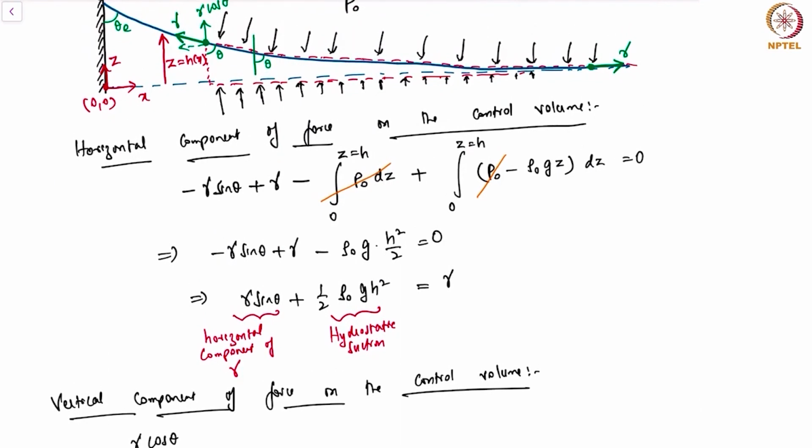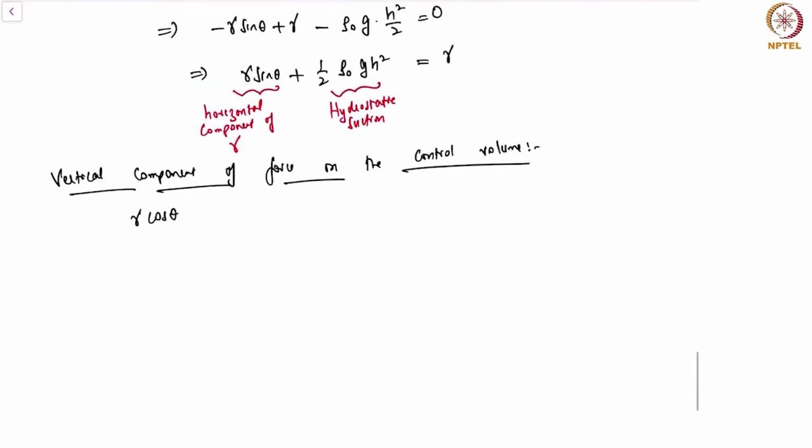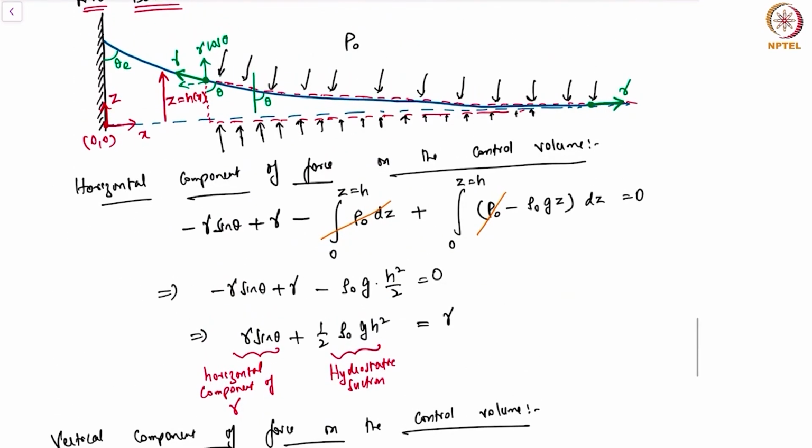And as x goes to infinity, the interface becomes flat. The surface tension force does not contribute to giving a vertical push to the control volume on the far end. And I want to integrate now the vertical component of this pressure.